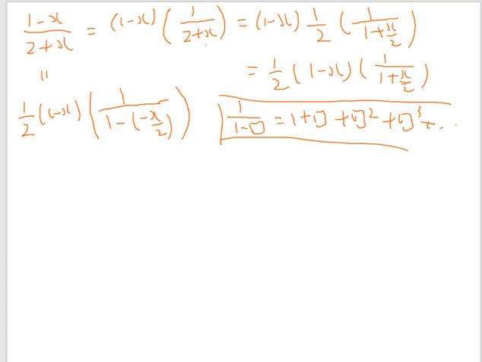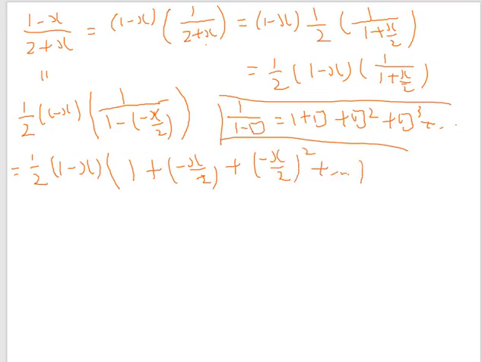So which means minus x over 2 will go inside the boxes. So it should give you half bracket 1 minus x bracket 1 plus minus x over 2, then plus minus x over 2 squared, and dot dot dot. So it gives you half 1 minus x times 1 minus x over 2 plus x squared over 4.